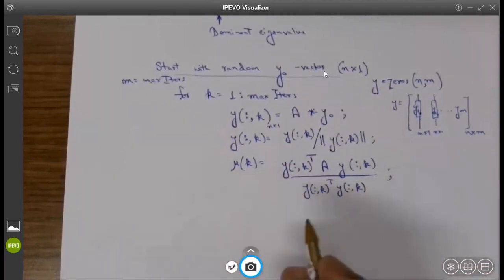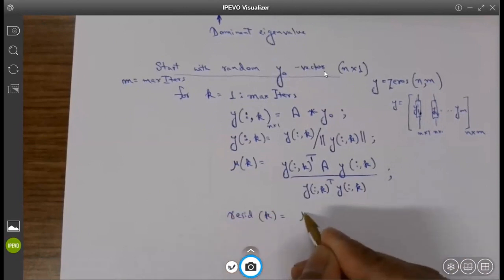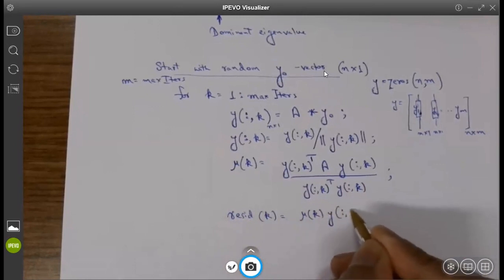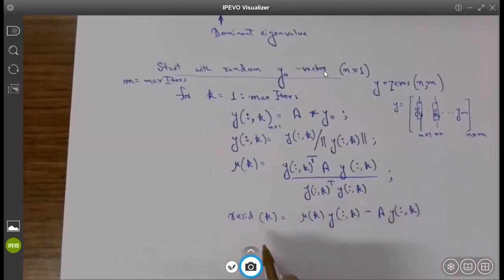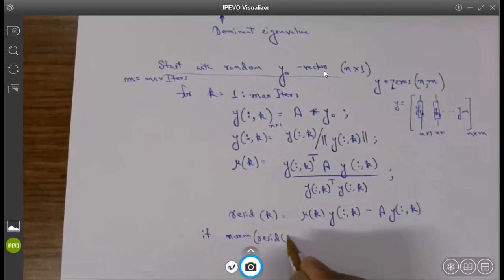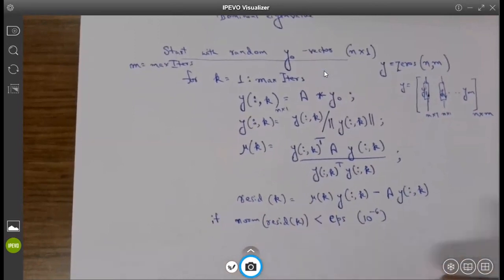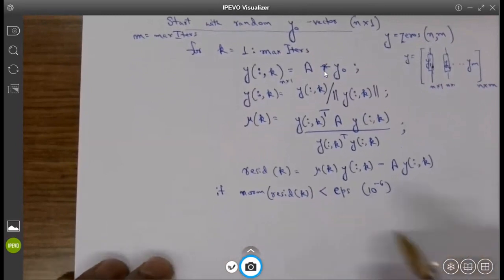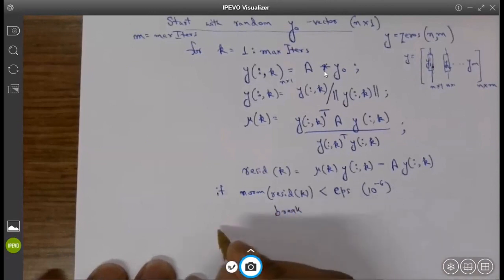That is my eigenvalue, and my residual vector is given by mu k times y colon comma k minus A times y colon comma k. And then I check whether the norm of this residual vector for the kth iteration is less than epsilon. Epsilon is an arbitrary threshold number or a tolerance number, so I take it as 10⁻⁶. If it is less than that, then break, else continue.